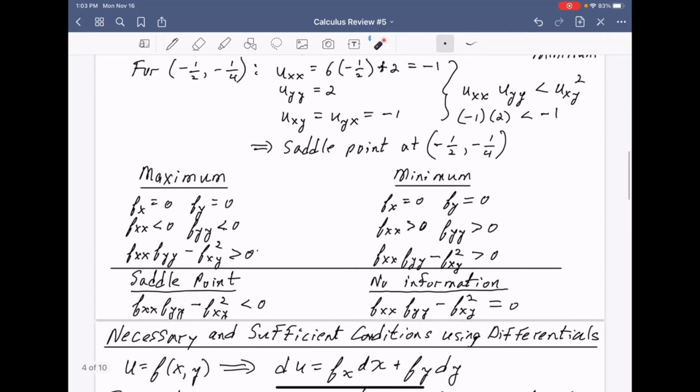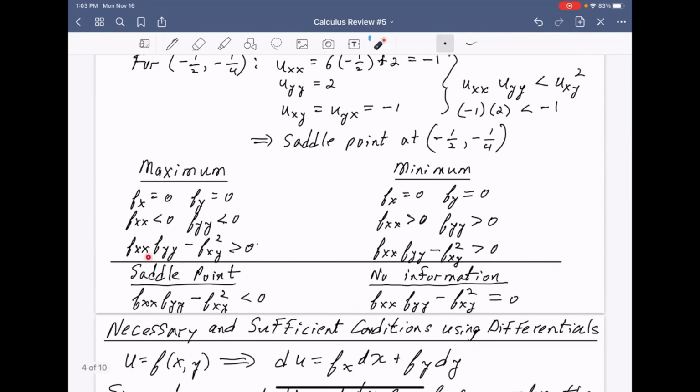Now we can also look at the saddle point. A saddle point requires the same first order conditions, and this f_xx f_yy minus f_xy squared has to be less than 0. If it's equal to 0, there's no information, and we cannot tell whether we have a maximum or a minimum.